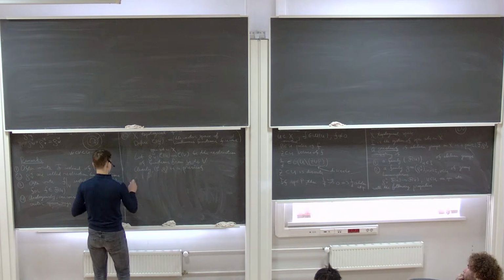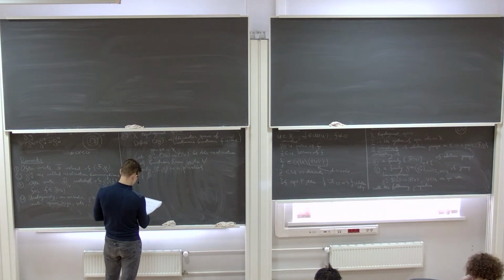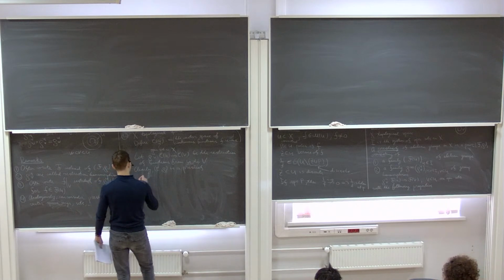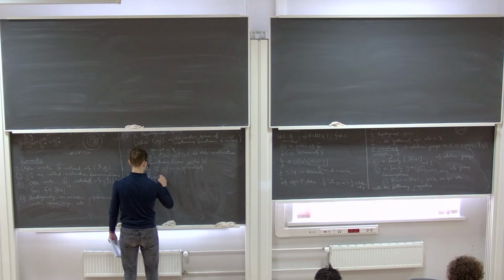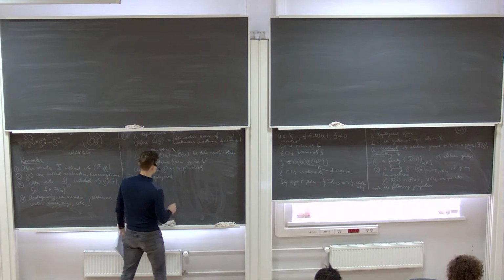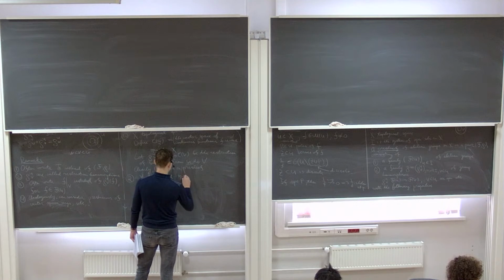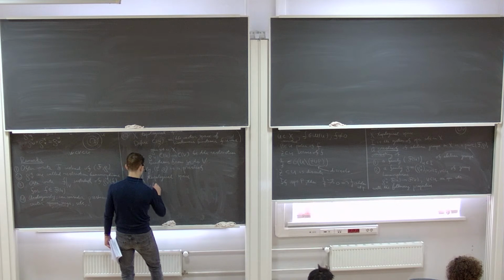Now we can consider another example, which will be useful. Again, suppose X is a topological space and G is just some abelian group.